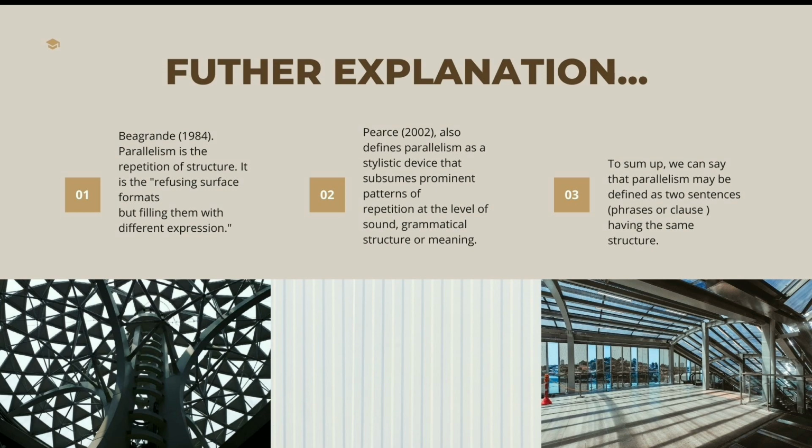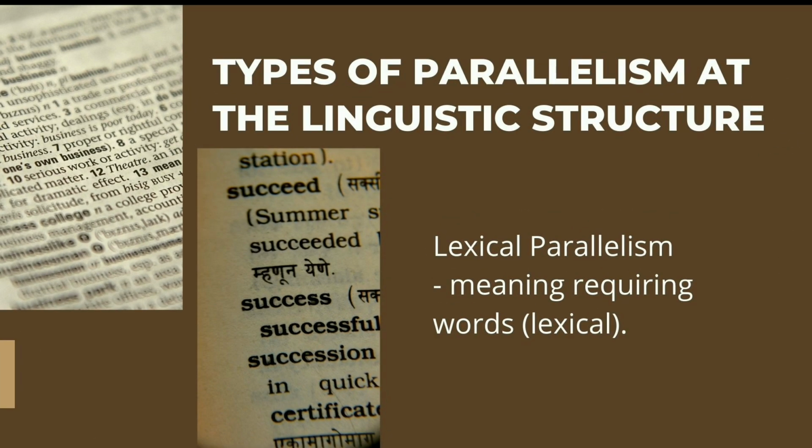So according to Montague, Kemi et al. demonstrate that at the level of linguistic structure, we can distinguish kinds of parallelism. The first one is lexical parallelism. So lexical parallelism is a parallelism in meaning requiring words. So when we say lexical, it is the dictionary meaning of a certain word.